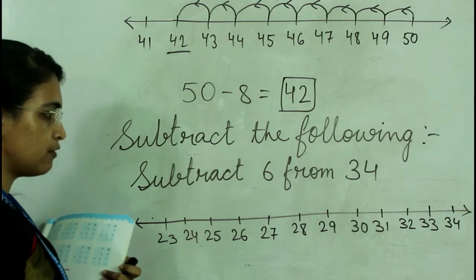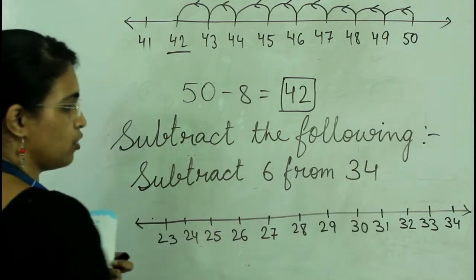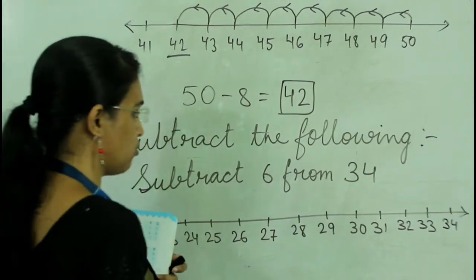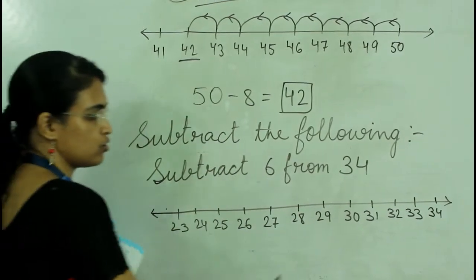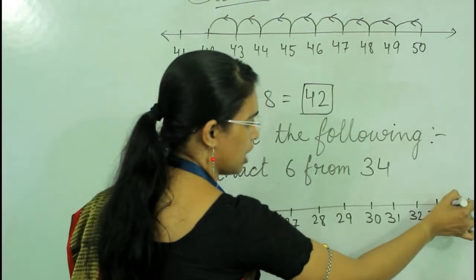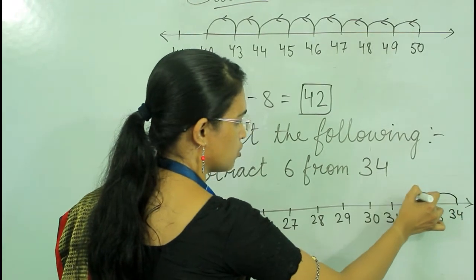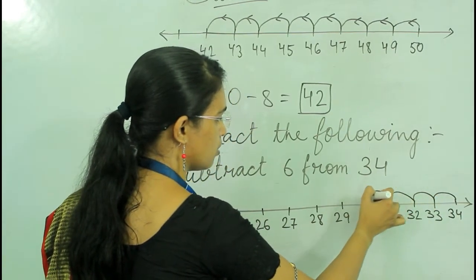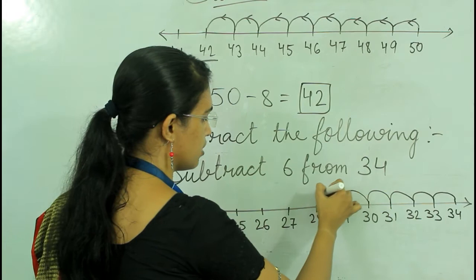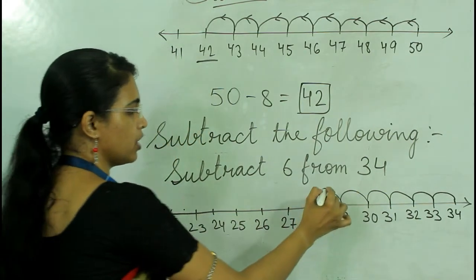Okay, so we are at 34, we have to take 6 steps backward because we are doing subtraction. So where is 34? It is here. We have to take 6 steps. 1, 2, 3, 4, 5, 6. So now we are at which number?